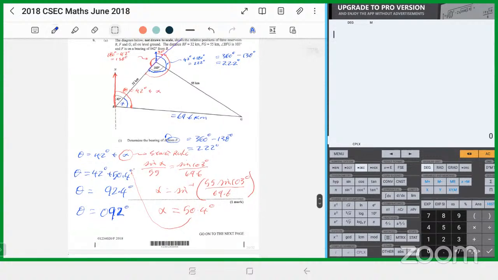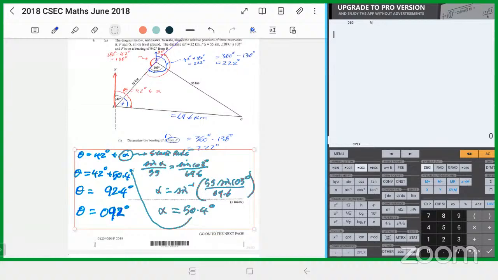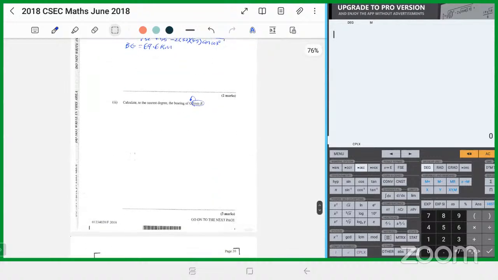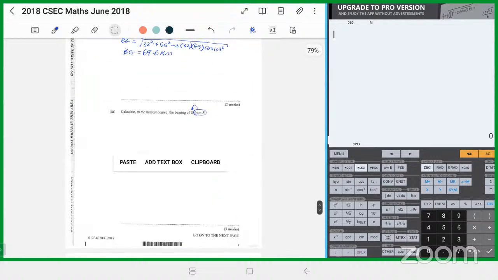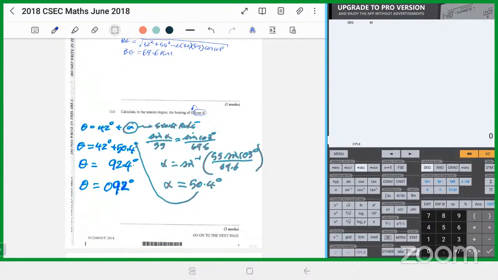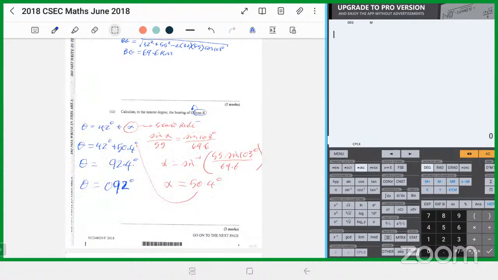Let's copy it down where it is supposed to go. 3 marks, right? All right, that's it. Nice and easy.